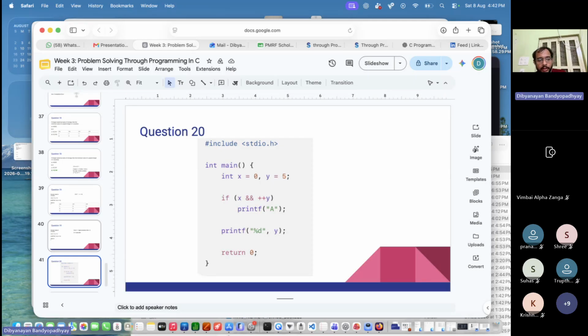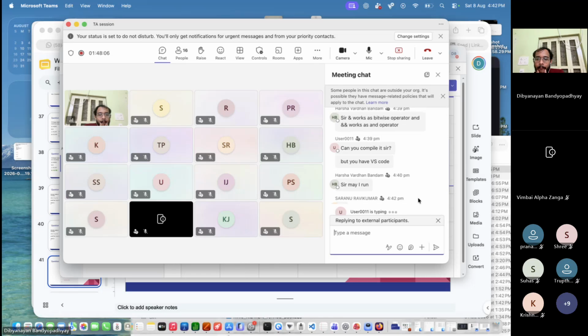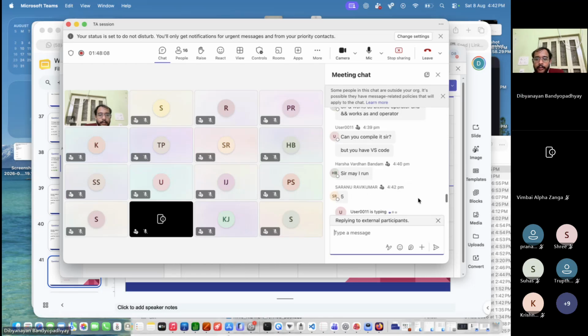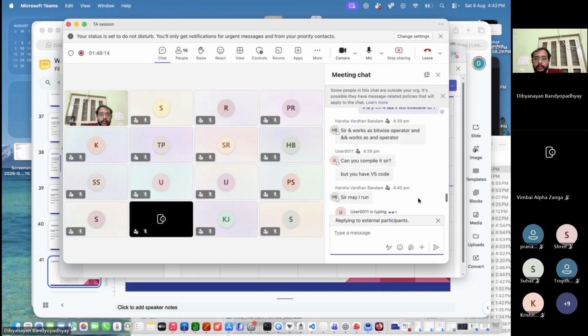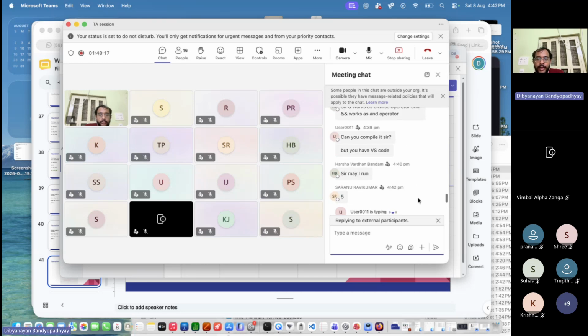This is a logical AND operation, as you can see here, and plus y is this part, to implement the operator. Yeah, yeah, you can run. 5.